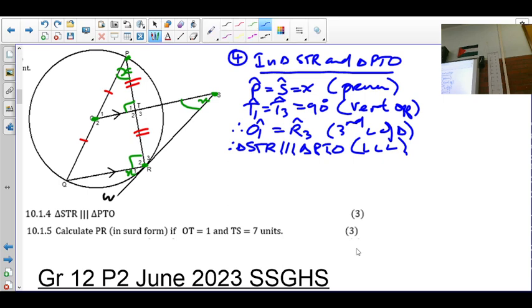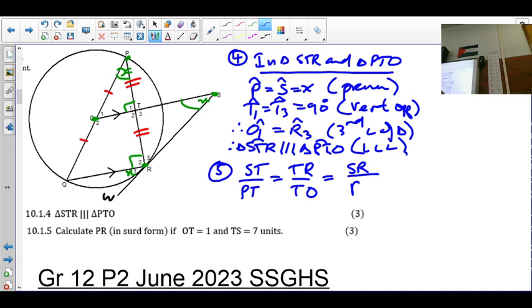Let's look at number 5. Question 5 is calculate TR. Leave answer in surd form. So very importantly from here, people, we know that most of the time after a similarity question, a distance question follows. So we say that ST over PT is equal to TR over TO, which is equal to SR over PO.